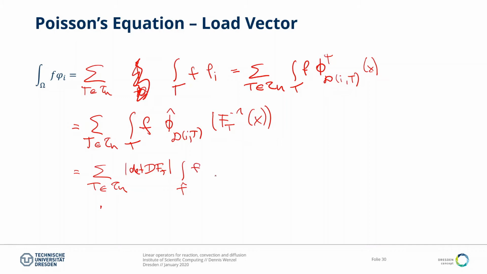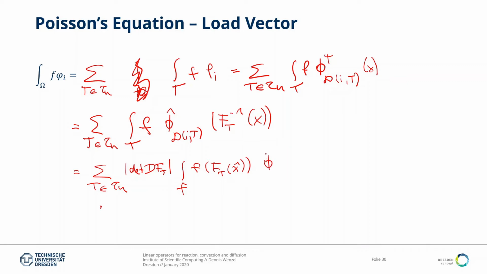And then, yeah, it's again f, but now f of F_T of x hat, because f is a function defined in our actual domain, so in the actual domain omega and not in the reference. So if you want to put something into f, you have to use the reference map here.